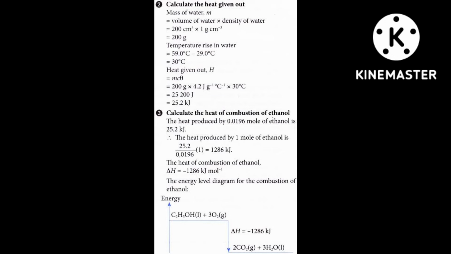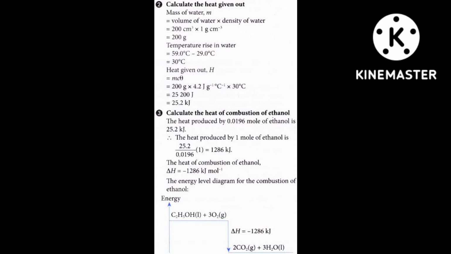But now this reaction you have written. Now the other 2 reactions you have to write. They have given the standard enthalpy of formation of CO2.